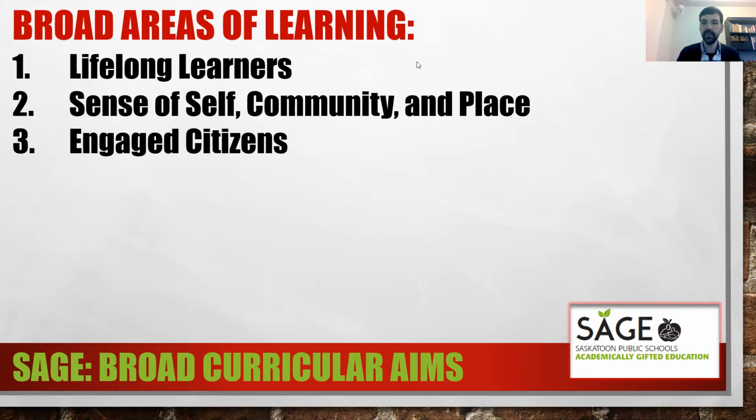Because as I mentioned in our previous video, our SAGE students are outliers in a number of ways, right? They're different from their age-alike peer group. And so because of that, sometimes our SAGE learners struggle to belong or to have that sense of community and place amongst their peers in a regular classroom.